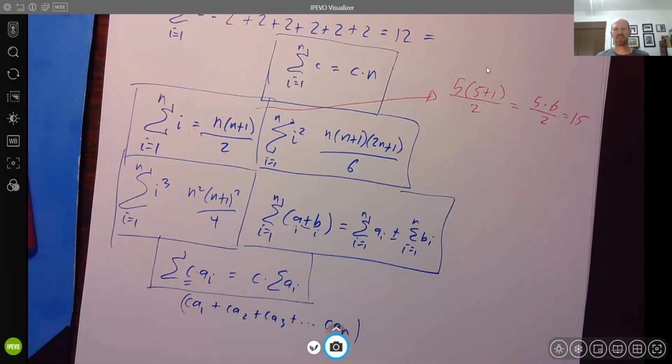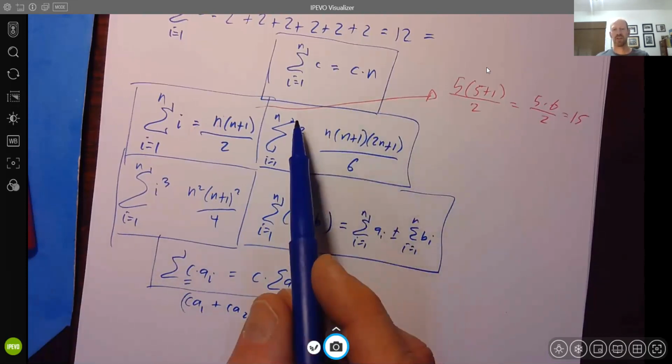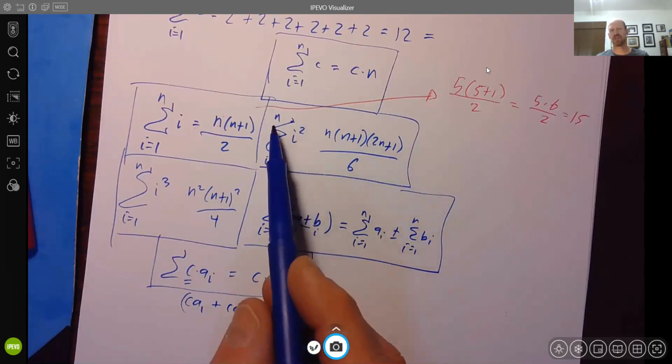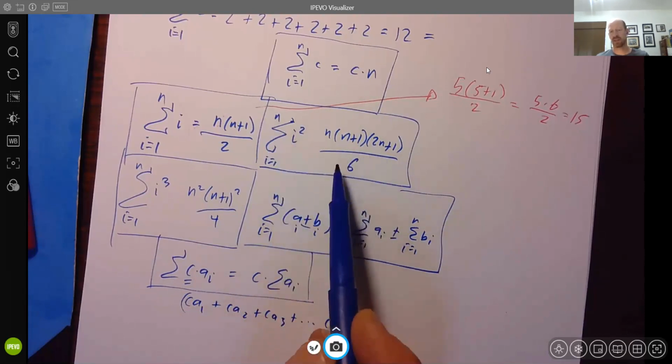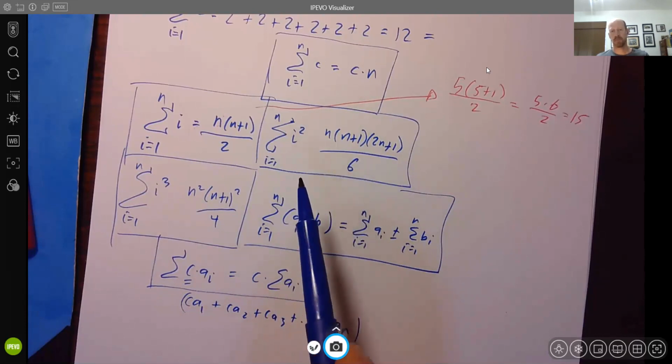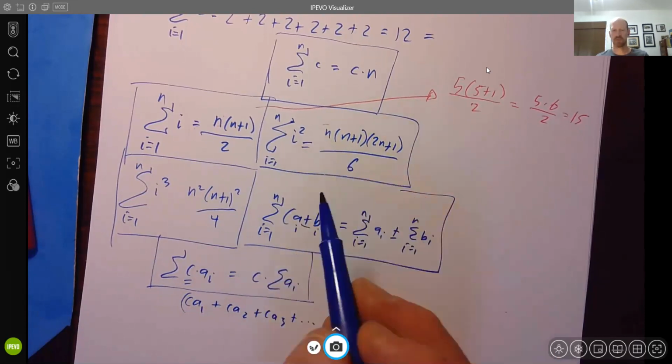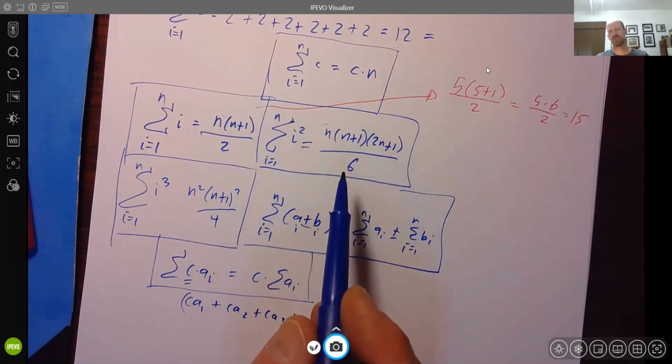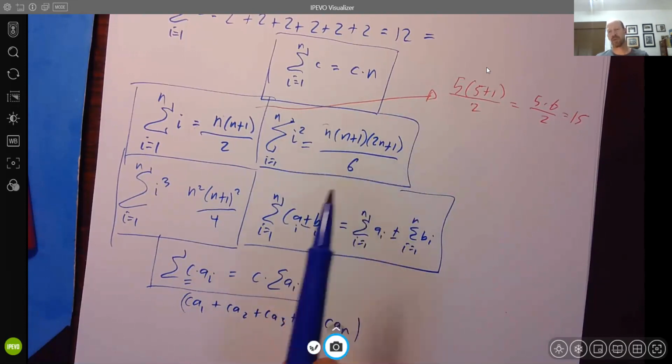So if you see a situation like this, where you're summing the i squareds, you just want to say, oh, I know there's a formula for that. Whatever the n is, I write it out like this. And that takes it out of this summation form and into what's called a closed form. So I know exactly what that is.